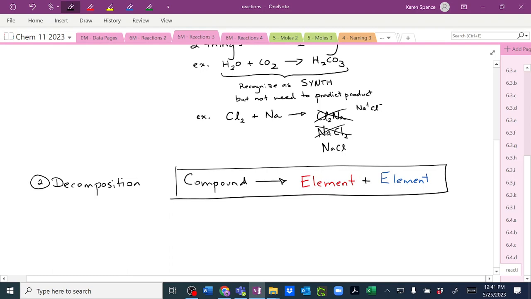Now, in terms of recognizing, again, you could have a more complicated sort of recognizing thing.